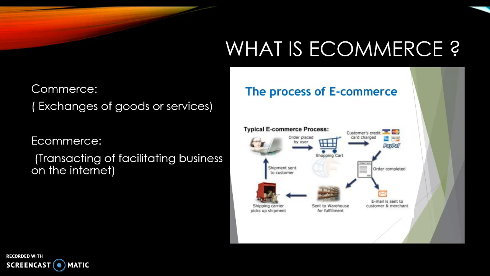E-commerce is the transaction of basically purchasing goods or services through technology, through the internet. So it's transacting or facilitating business through the internet. And this diagram on my right shows the process of e-commerce. So, you typically start with you place an order, it goes to the shopping cart, and then you select your method of payment.